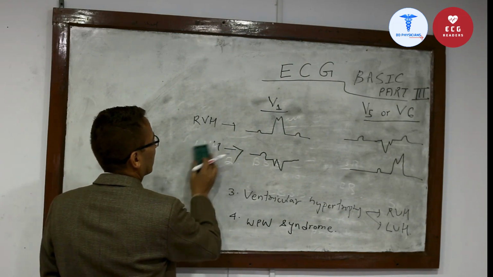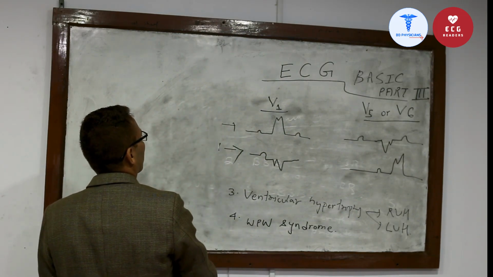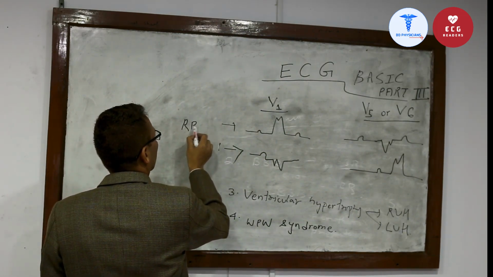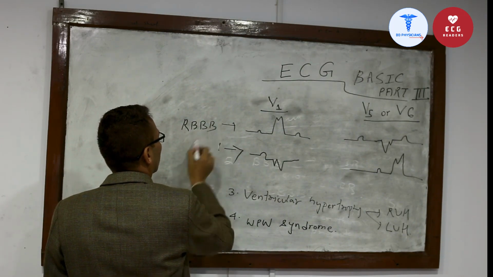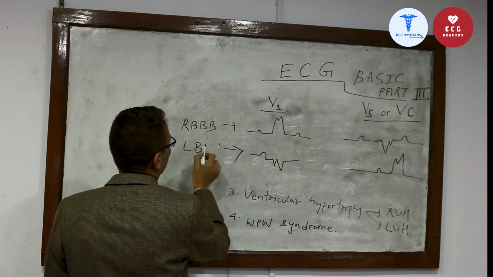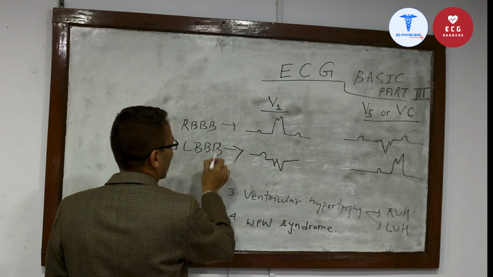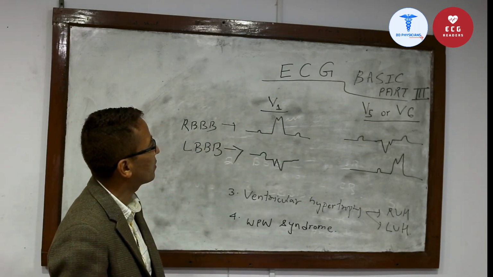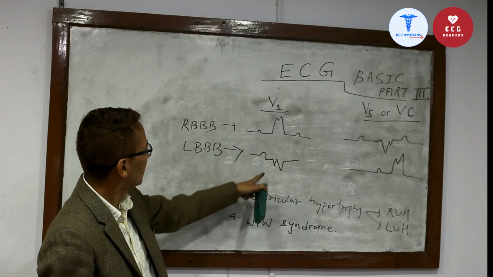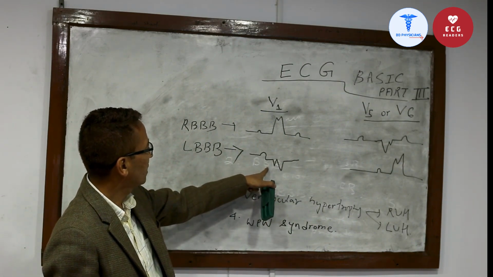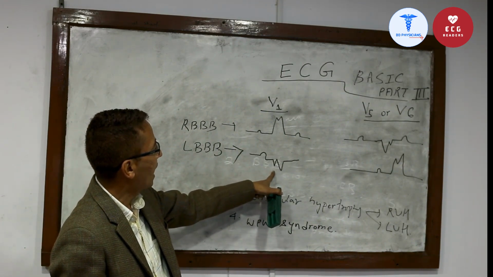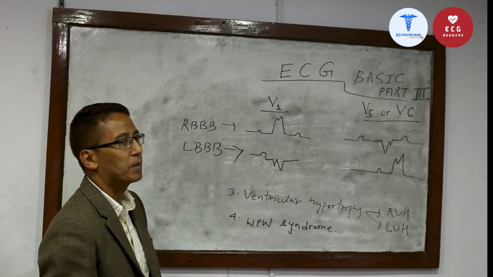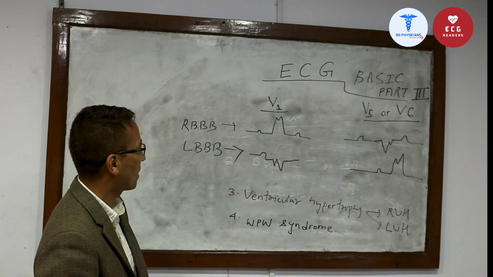This is right bundle branch block, this is left bundle branch block. Right bundle branch block is M pattern in V1 and W pattern in V5 or V6. In left bundle branch block, W pattern in V1 and M pattern in V5 or V6.